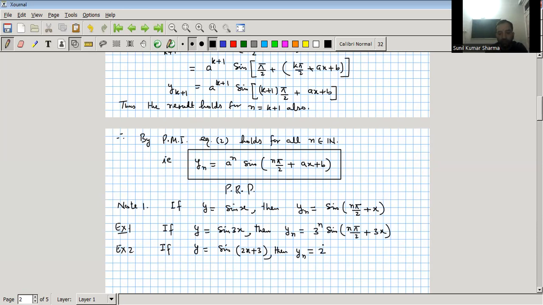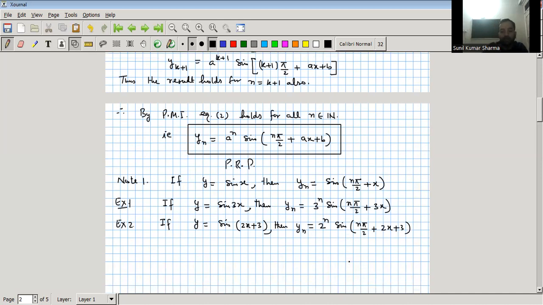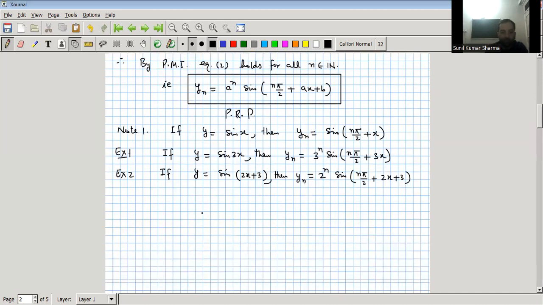So 2 to the power n sin n pi by 2 plus 2x plus 3. Right? So if y is given as sin of ax plus b, then directly we can write the nth derivative of this.